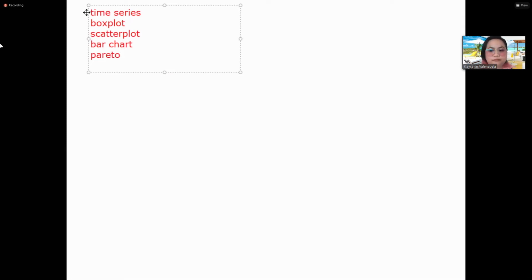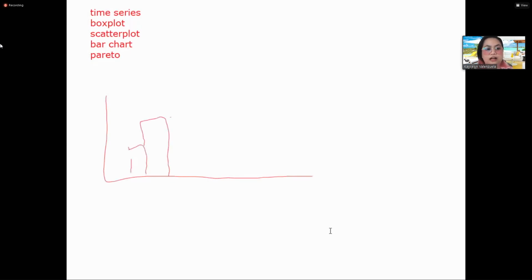Histogram is more like a bar chart. Kaya lang walang gaps. So, how would a histogram look like? So, if this is your... So, meron kang... Walang gap. Okay? Histogram can be like this. Bakit walang gap?